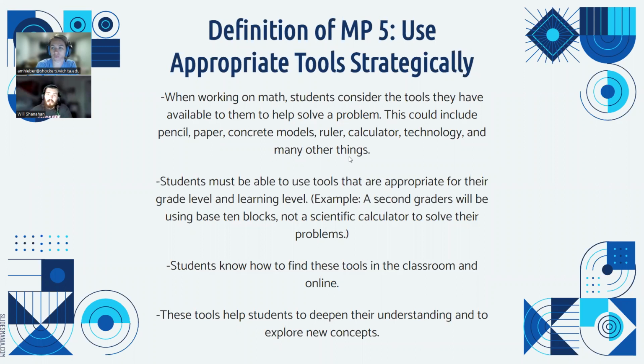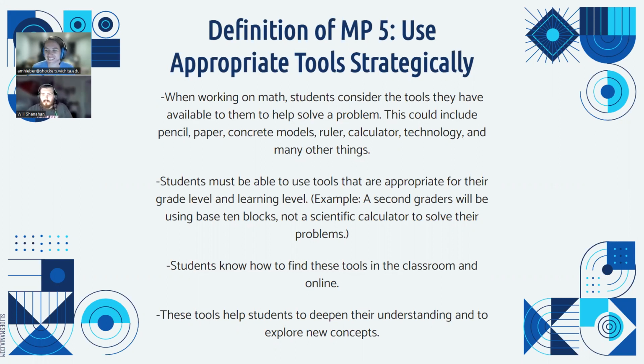MP5 is using appropriate tools strategically. When working in math, students need to consider the tools they have available to help them solve problems. These tools could include pencil and paper, concrete models, rulers, calculators, technology, and many other things.